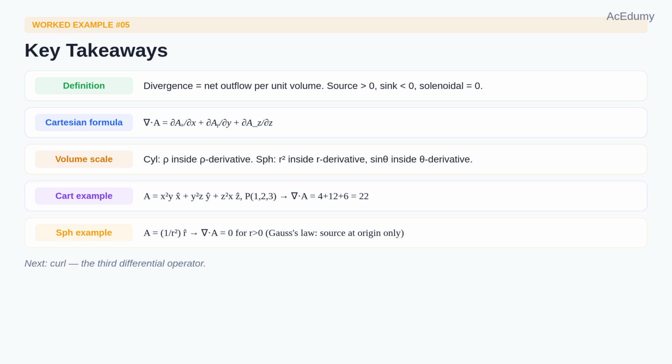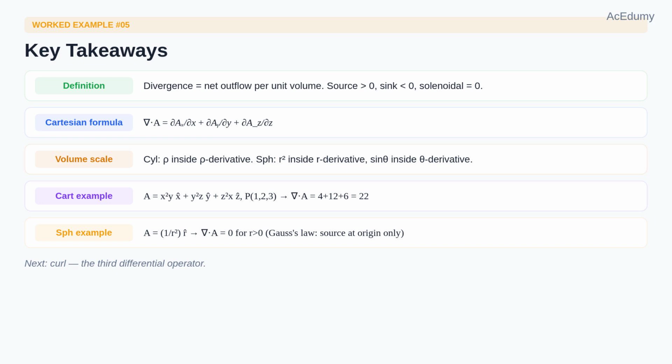Spherical, 1 over r squared times partial of r squared Ar with respect to r, plus 1 over r sine theta times partial of sine theta A theta with respect to theta, plus 1 over r sine theta times partial A phi with respect to phi. The volume scale factors live inside the derivatives for the radial terms.